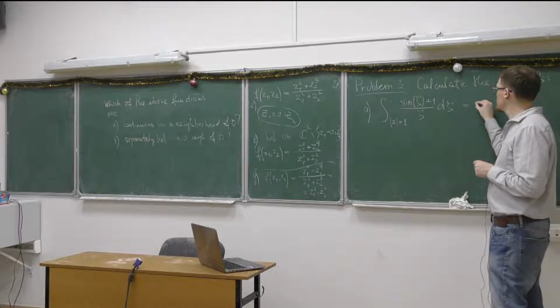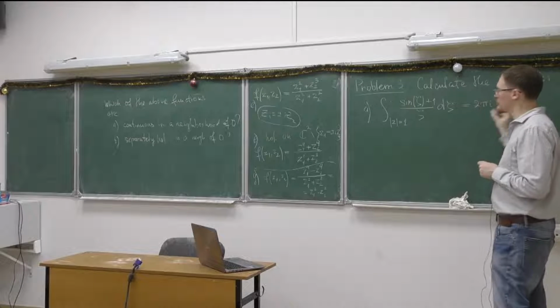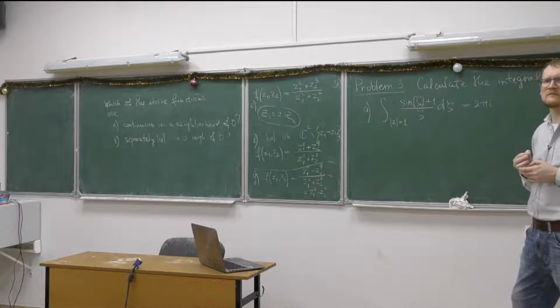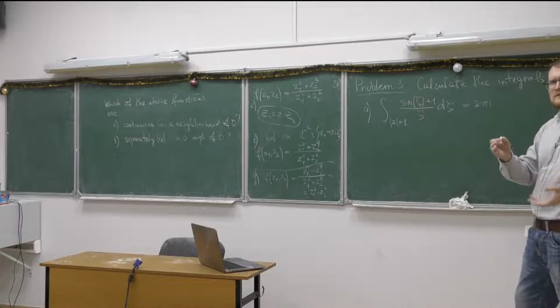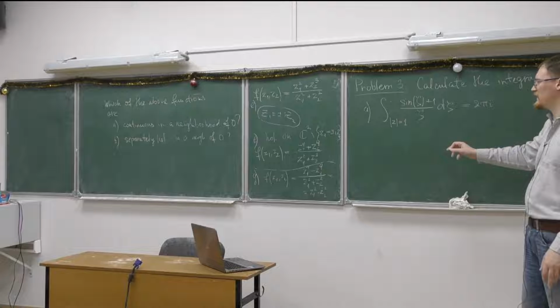Well, it is a Cauchy formula for the function sine of zeta plus 1. If you divide it by 2 pi i, it's going to be the value of the function at 0. Yeah, so just write it down so everybody understands.